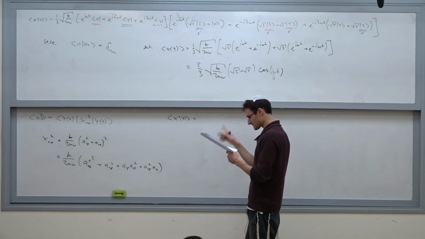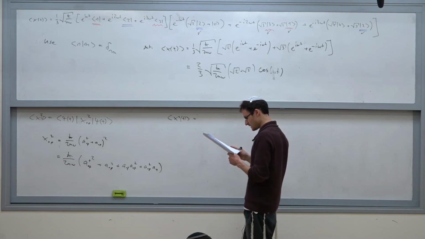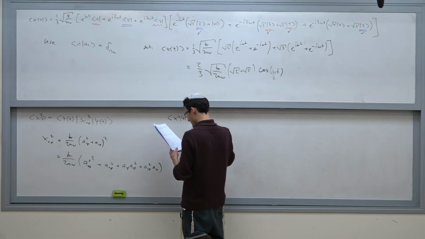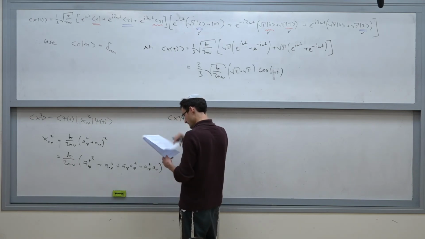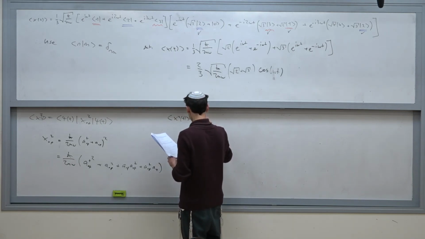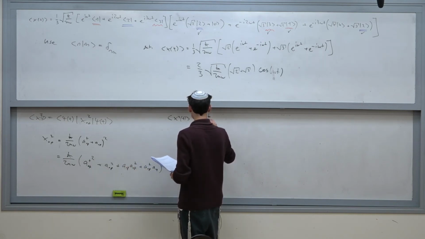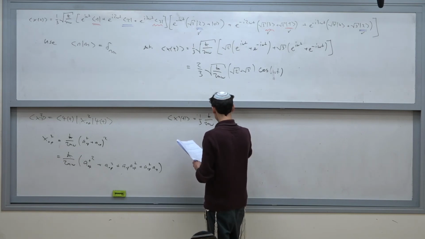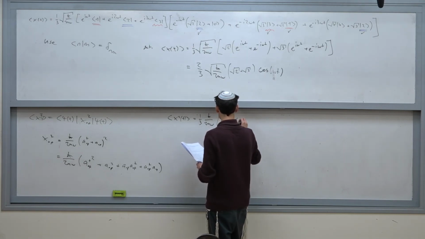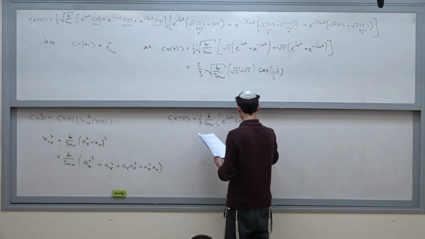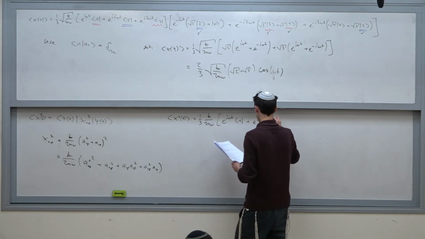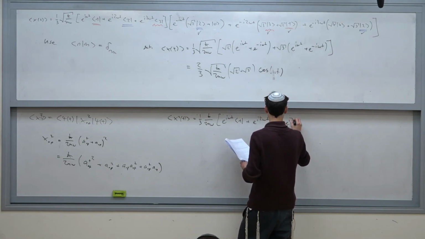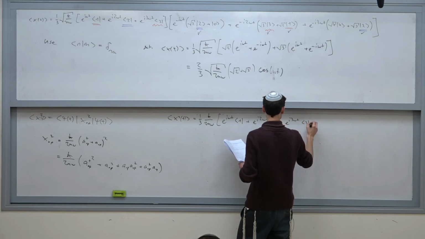So after cancelling the overall phase of the 1/2 inside and taking out everything to the front, there's a 1/3, and then there's an h bar over 2m omega, and then there's a bra psi, there's e to the i omega t times 1 plus e to the i 2 omega t times 2 plus e to the i 3 omega t times 3, this is very repetitive.